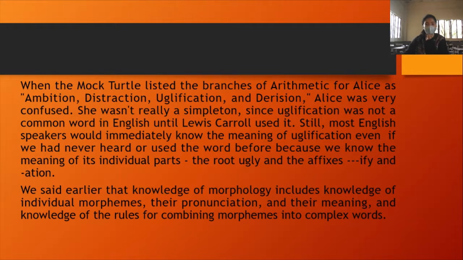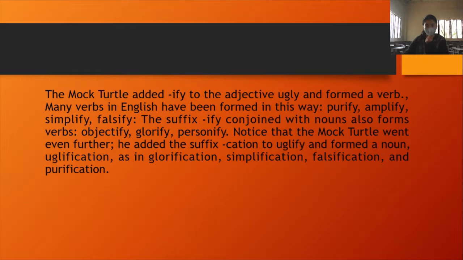Still, most English speakers would immediately know the meaning of uglification, even if we had never heard or used the word before, because we know the meaning of its individual parts, the root ugly and the affixes -ify and -ation. We said earlier that knowledge of morphology includes knowledge of individual morphemes, their pronunciation and their meaning, and the knowledge of the rules of combining morphemes into complex words.